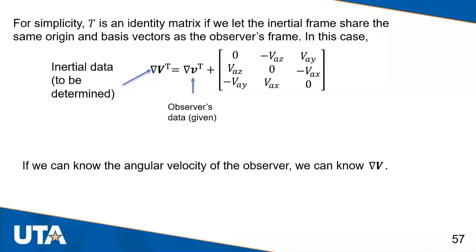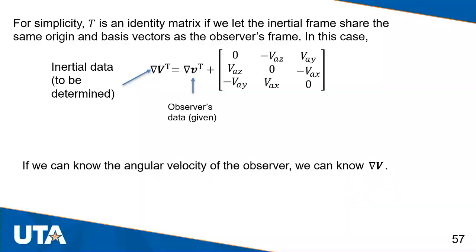We can let the frame we establish have the same origin and the same XYZ direction. So we do not need to do the coordinate transformation, and T can become an identity matrix. So the relation is simplified to this, right?